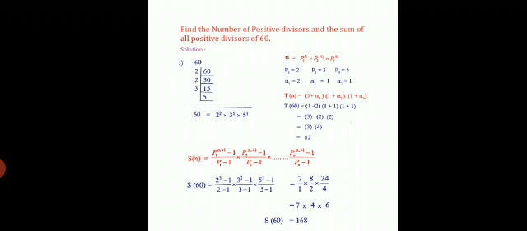Now that is equal to 7 upon 1 is 7, into 8 by 2 is 4, into 24 upon 4 is 6. Find the product. You get S of 60 is equal to 168.